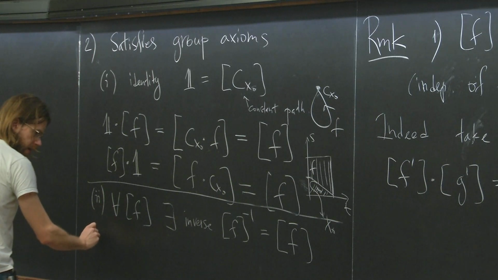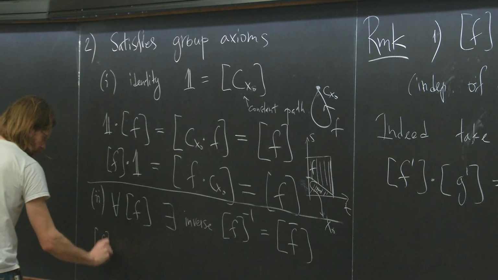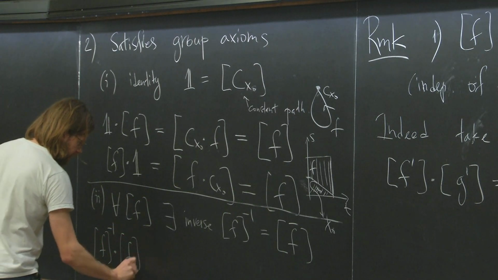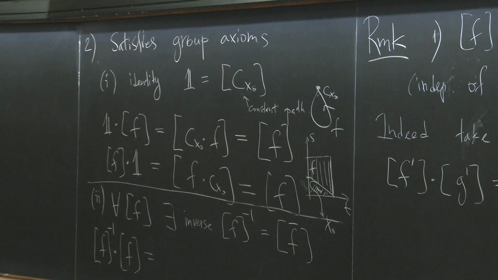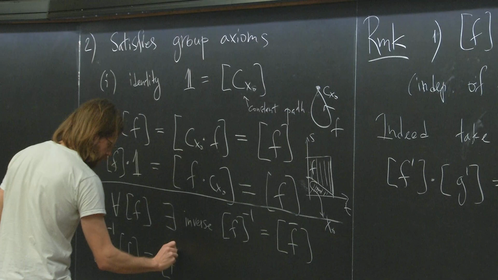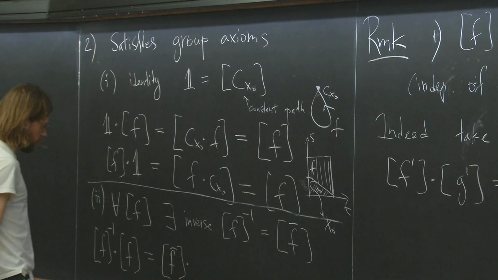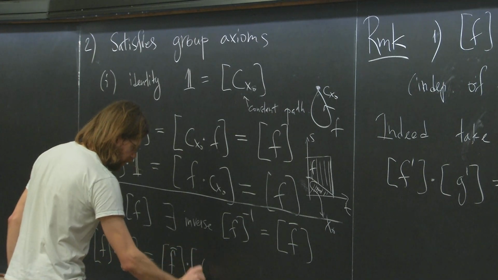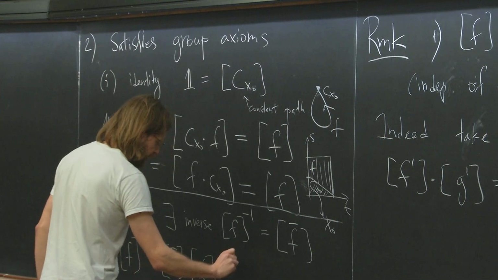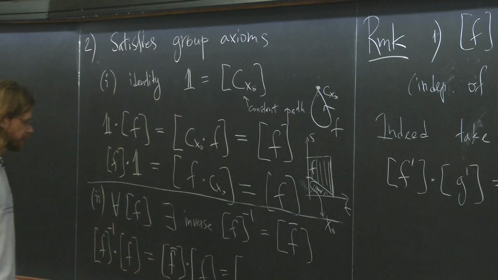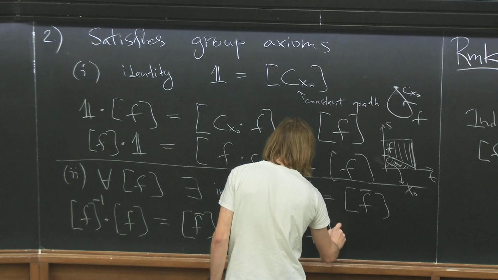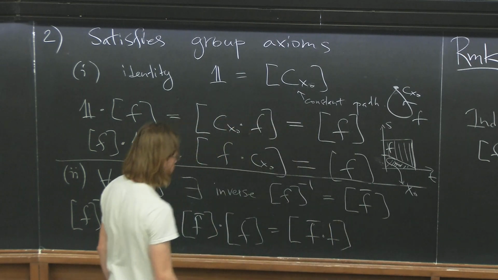So we have to check, for example, that if you multiply the inverse from the left, we should get identity. So this is the multiplication of the class of the inverse of f and the class of f itself. Then we use the definition of the product in our group. So this would be the class of the composition of f and f inverse.